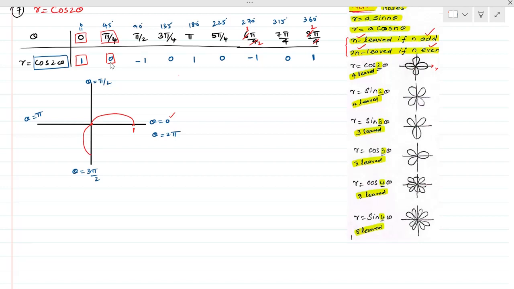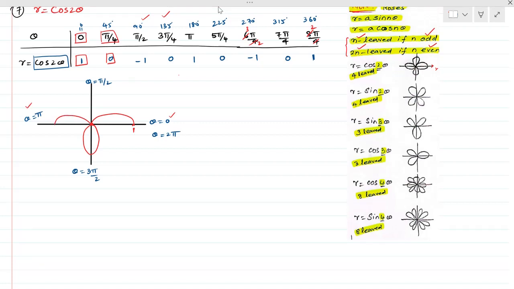Next, 3 pi over 4, it is 135, which again goes to 0 here. Next, pi equals 1. Pi is 1, it will be here. So this is done.